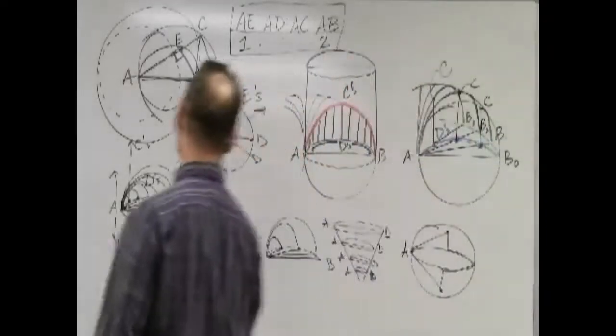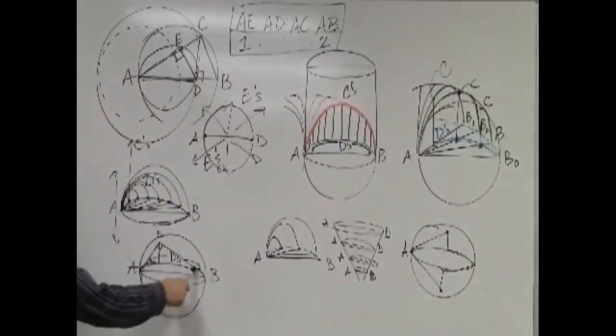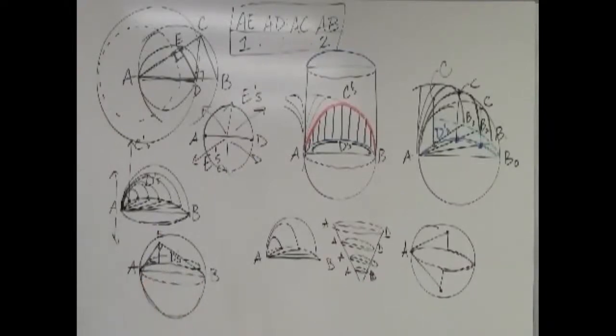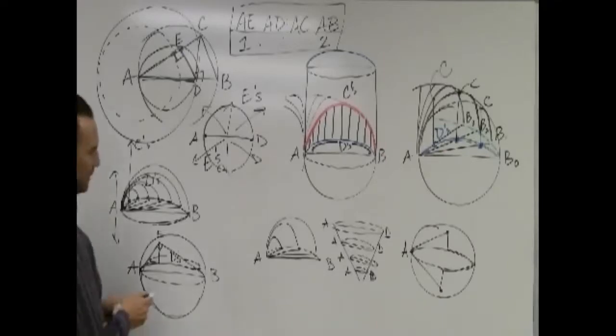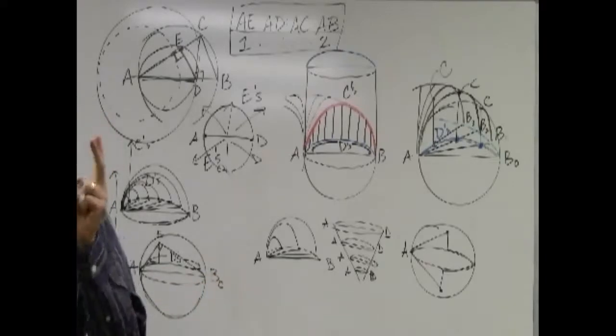It's this circle, this equator, which is where our D's fall. And AB is the diameter in this case. We really don't need B, but it's there. It just helps give reference.